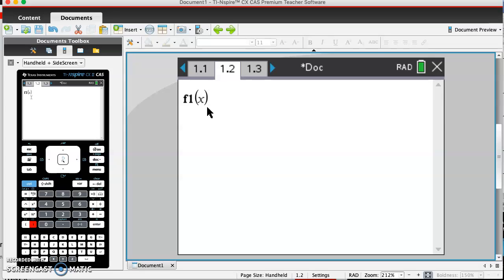I defined it in the graph page. And if I wanted to figure out where the y-intercept was, I'd have to let x equal 0. So instead of typing function 1x, I changed the x to 0. And it tells me that the y-intercept was 47.